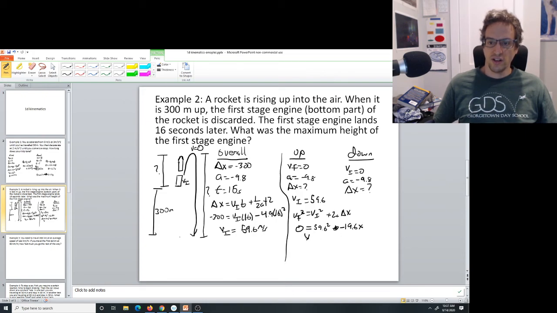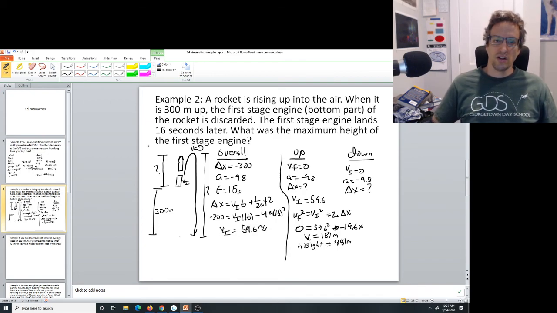Turns out x here is 181 meters, which means that the total height equals 481 meters, right?